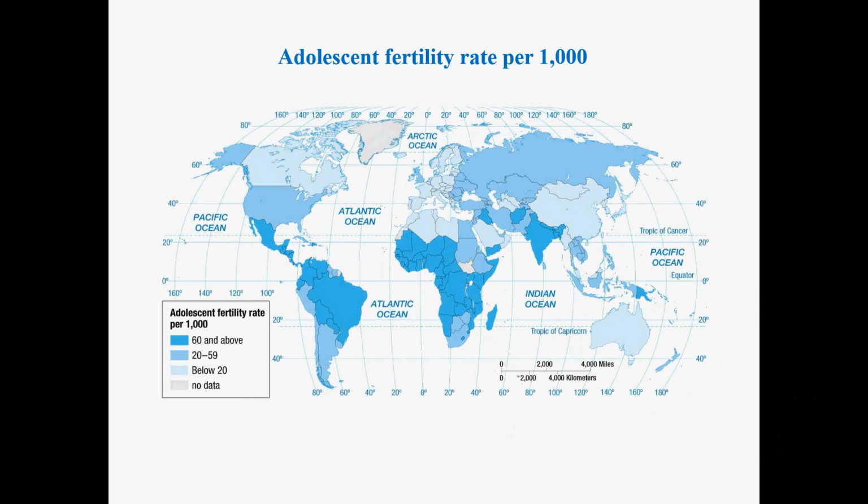That again shows countries of South Asia, Sub-Saharan African countries, also some Latin American countries seem to have a higher adolescent fertility rate. So that is a reflection of a poor condition of reproductive health, especially the educational and economic opportunities for females.